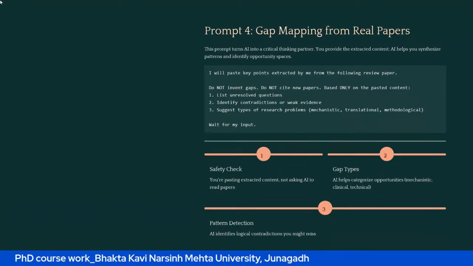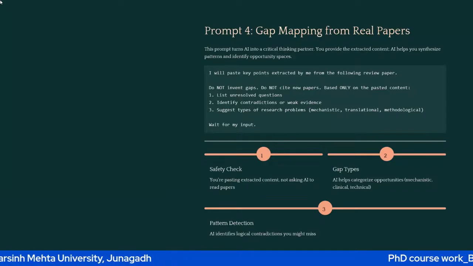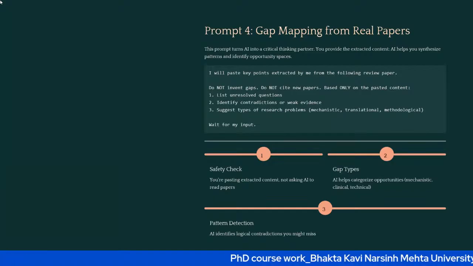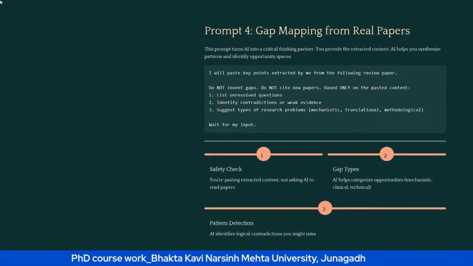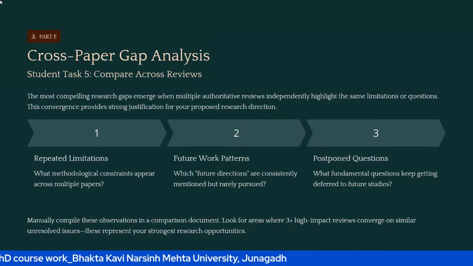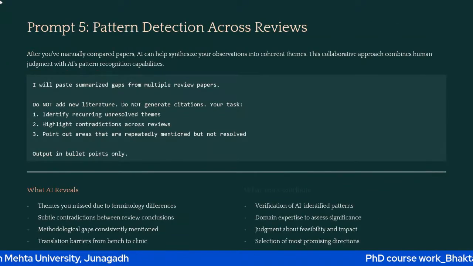After that, you tell it to suggest the type of research problem, mechanistic, translational, or methodological, and wait for my inputs. This way you are telling the AI to do limited things. So this will be your prompt 4, the cross paper gap analysis, that you are supposed to do.